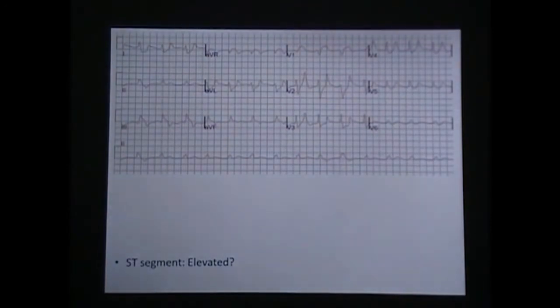As far as ST segments, I've got just a whole lot of business. I got depression, it looks like, in some areas. Lead 1 flipped, inverted in 2 and 3, AVF a little bit.